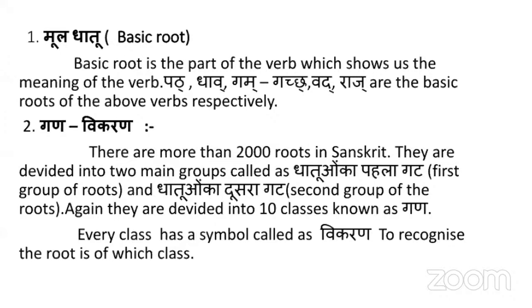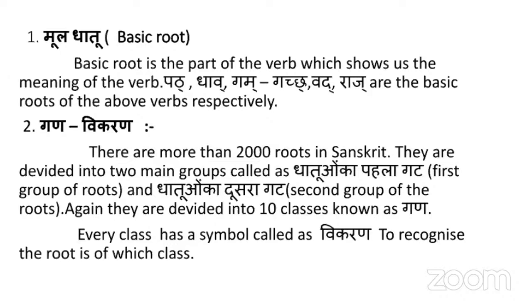Now see, I have told you that you have to make groups of balls, right? So these groups, for the roots, are called gana. And every class has a symbol called vikarana. Now see, I told you about the color of the ball.